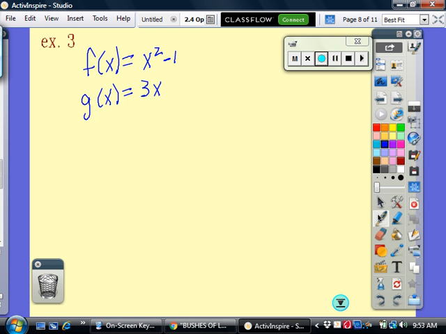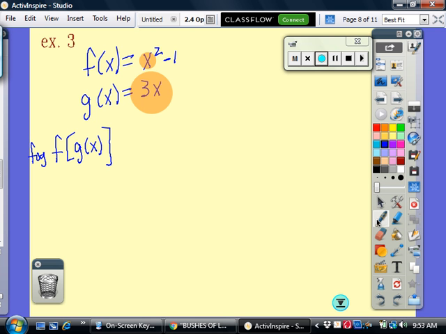And they asked us to find f of g and g of f, or f of g of x. I like to write it like this so that I'm sure of what I'm doing. This is f of g. So we're going to take g and we're going to put it in the place of x.